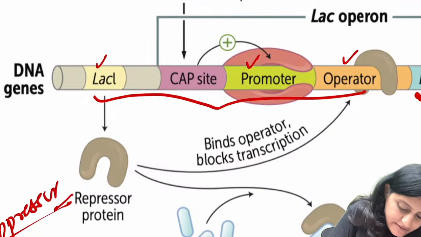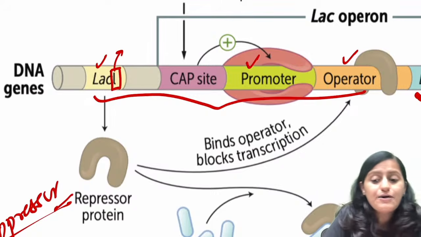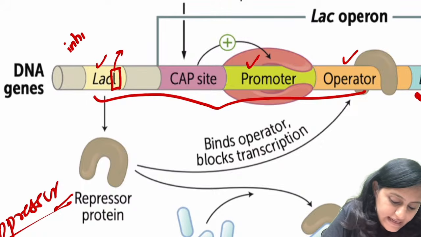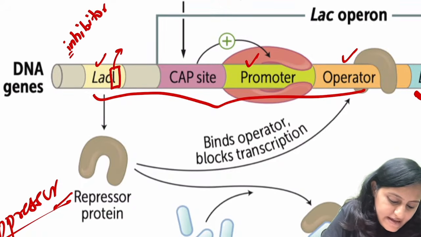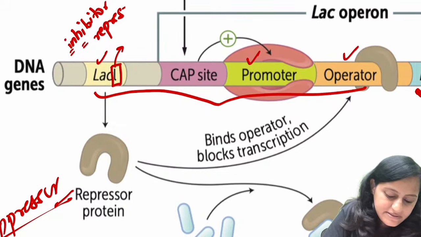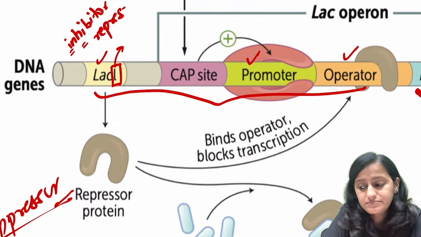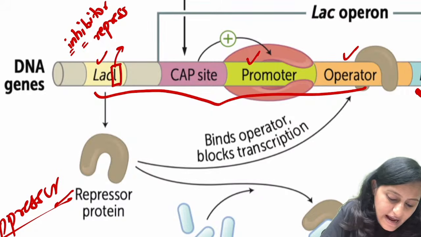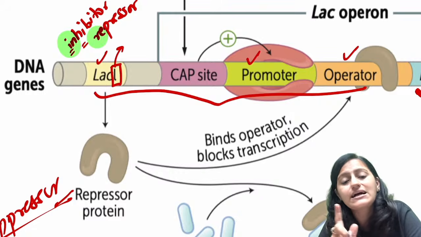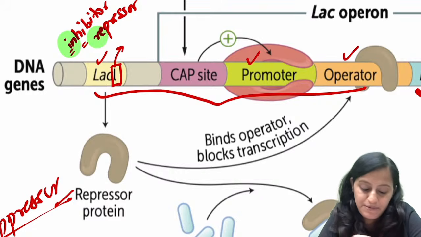So please remember this question. It is lac I. How do you remember this? Learn this trick: I for inhibitor, repressor. Is this clear with everyone? So I is inhibitor, that means it is repressor. So it is lac I which codes for the repressor.